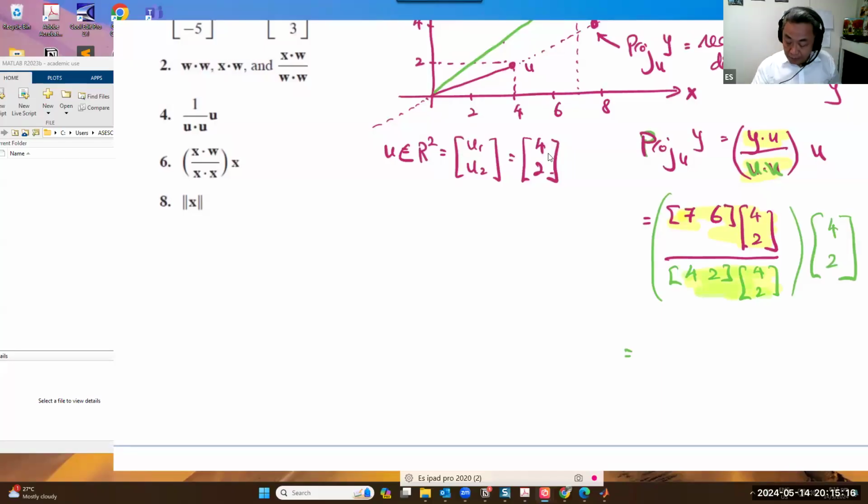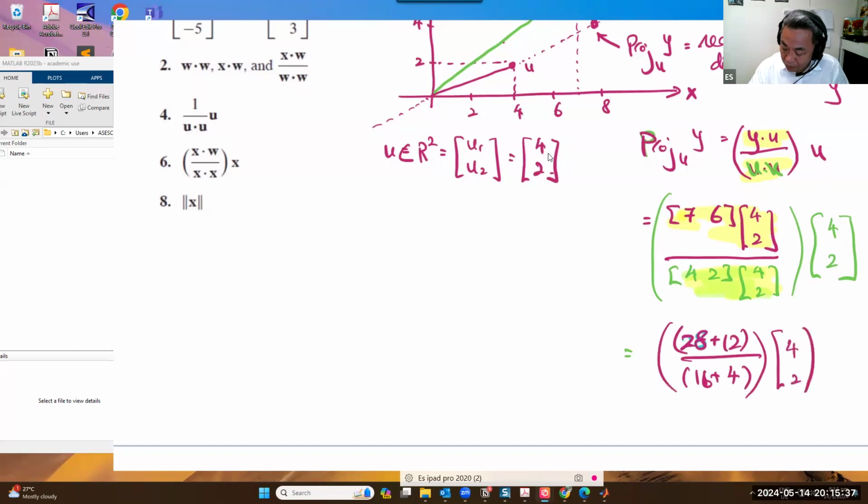Okay, now let's work out the sum. 7 times 4 is 28, plus 6 times 2 is 12. And for the bottom number, 4 times 4 is 16 plus 4, multiplied by 4, 2.